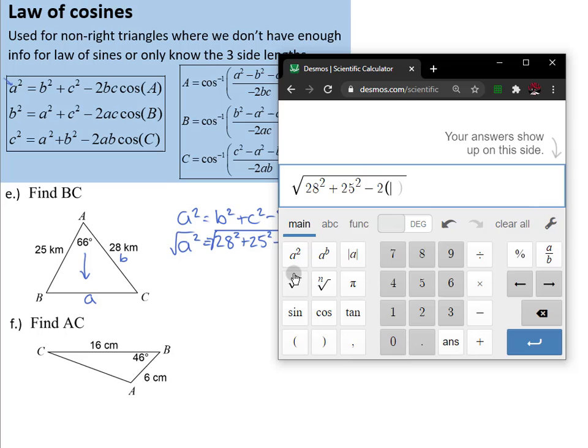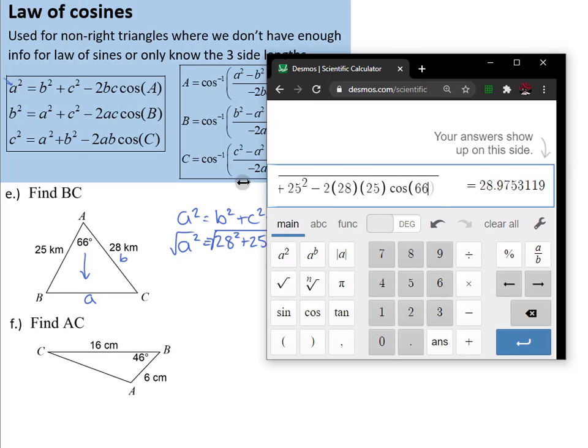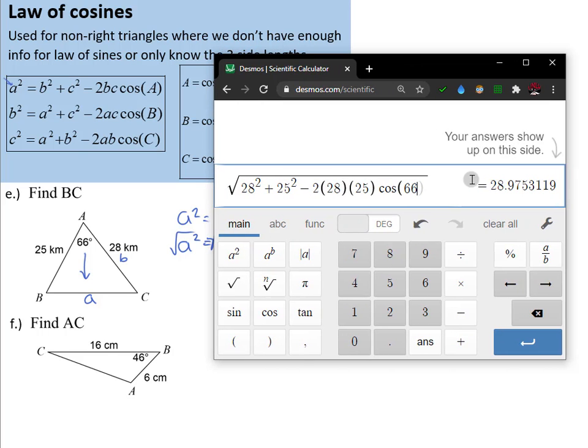minus 2 times 28 times 25, times the cosine of 66 degrees. So I'd probably make this a little wider here so we can fit it all on the screen.